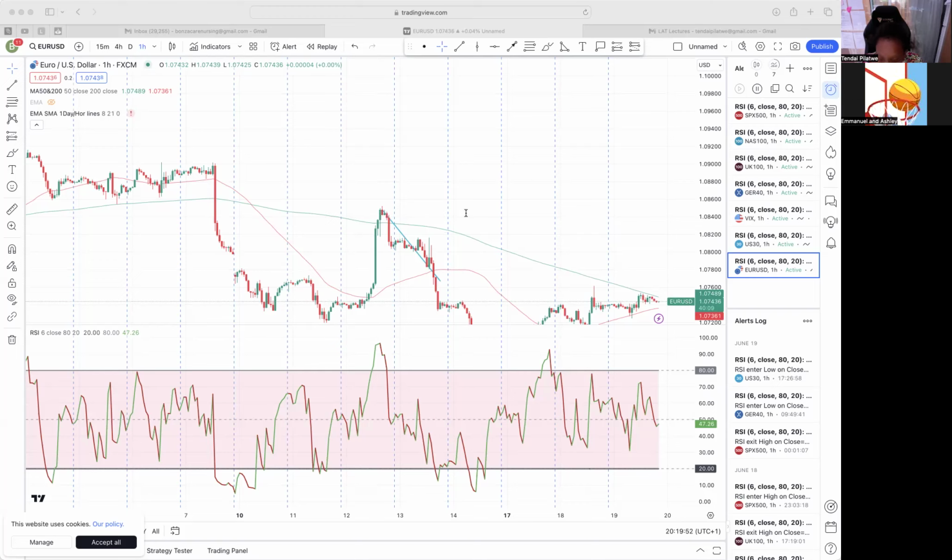Do you agree? If we made £7.60, it means each pip is how much? How many pips were there? 76 pips. We moved 76 pips, from here to here. And we made £7.50. So how much was one pip?